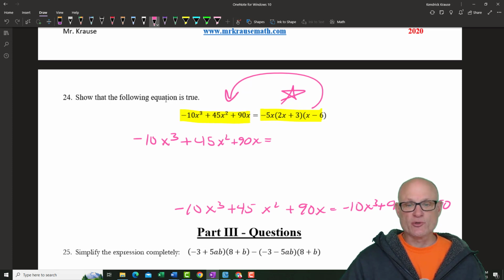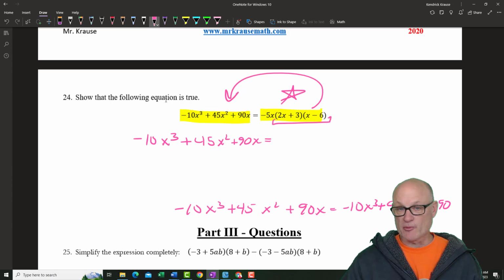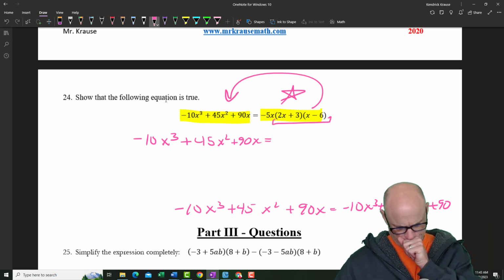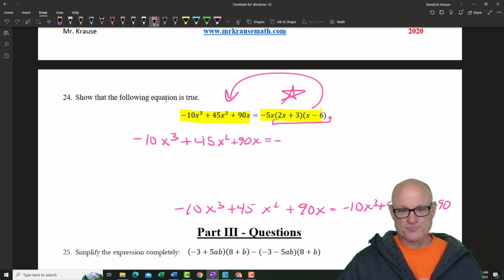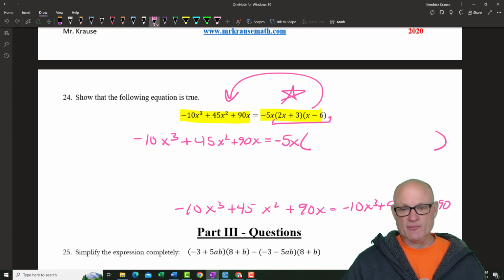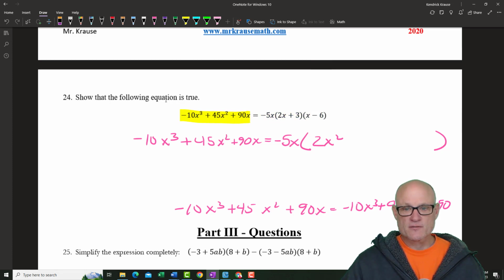Now, in order to do this, I would multiply these two first. I would not distribute that negative 5. It just makes things more complicated. So negative 5x times, all right, let's do this. 2x times x is 2x squared. And now I'm going to multiply this, which gives me minus 12x, and plus 3x.